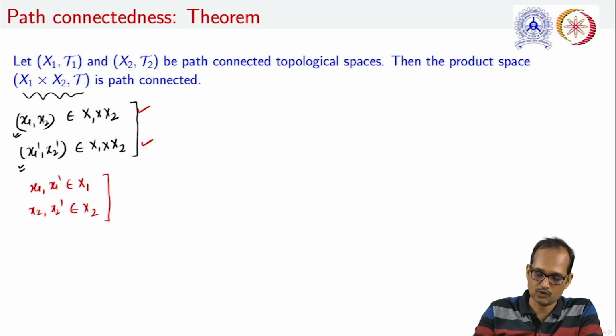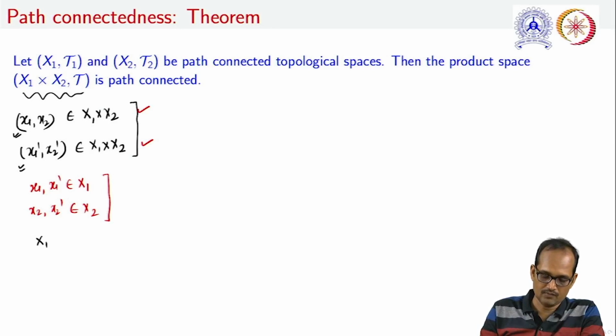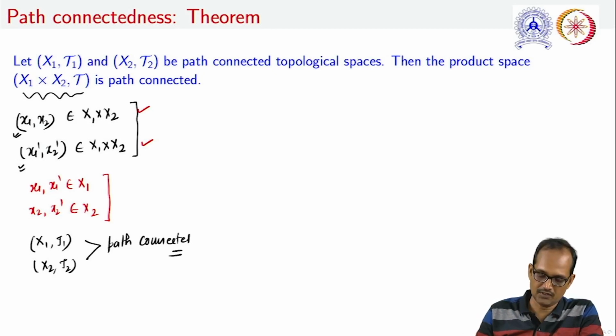Again, it is to be noted that X1 with topology tau 1 and X2 with topology tau 2 are both path connected. And if both are path connected, we can construct a path connecting x1 and x1 dash and a path connecting x2 and x2 dash.